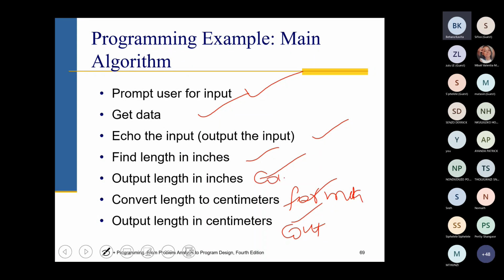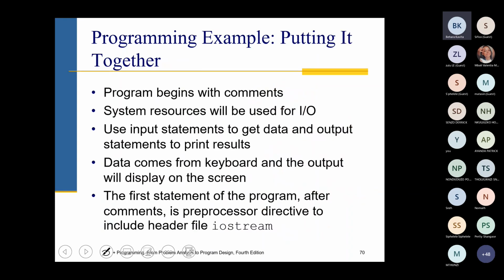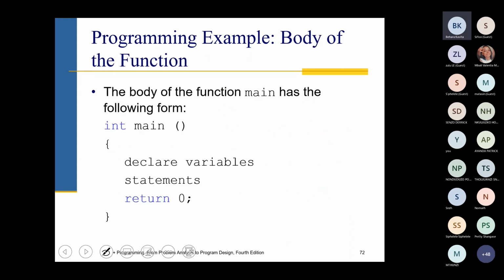This is your cout statement. This is your cin statement. This is your formula. This is your cout. Can you see that? So that's how it works. This is your simple algorithm for your program. Right. The rest is the same things.